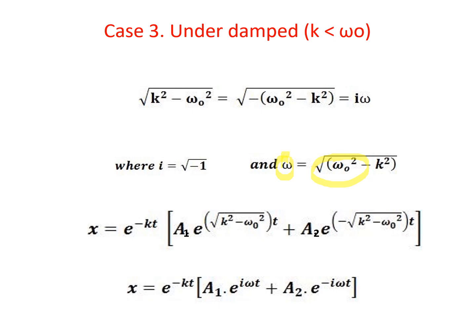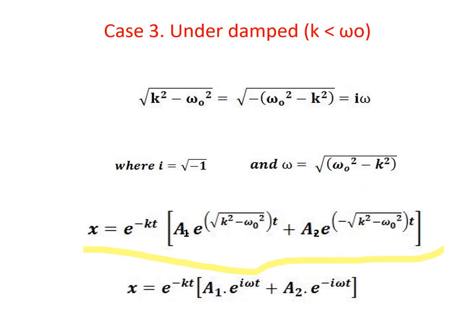Omega is also simply called the damping frequency. So you can see that this omega will always be less than omega 0. Since omega is equal to root of omega 0 square minus k square, the damping frequency will always be less than the natural frequency of the oscillator.